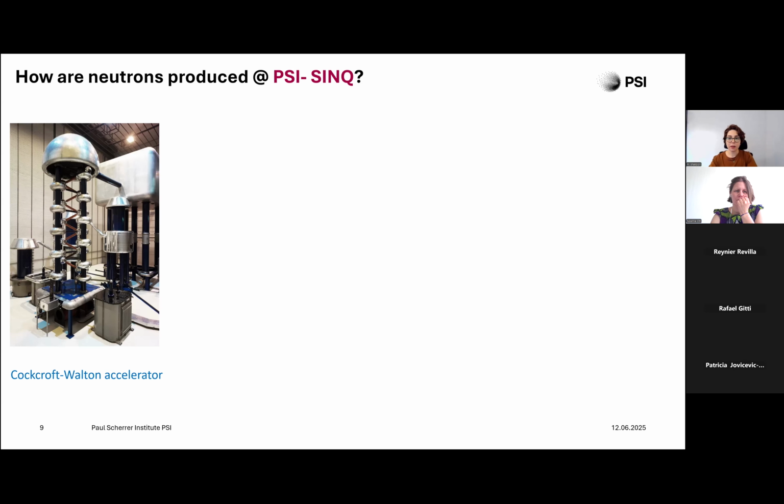The Cockcroft-Walton is essentially a voltage multiplier chain that takes a low-voltage AC input and boosts it into a steady DC potential of a few hundred kilovolts. That high-voltage gap then gives the freshly produced protons their first kick, before they enter the main accelerator.